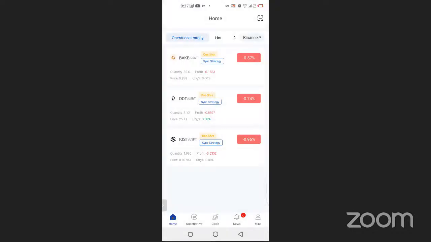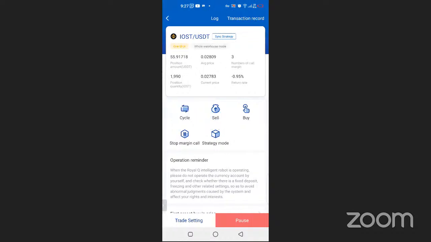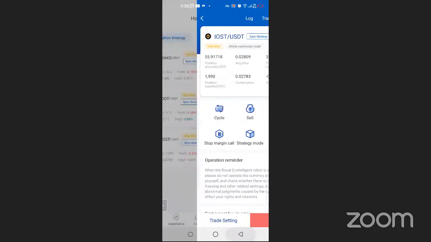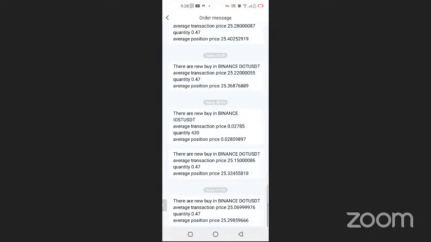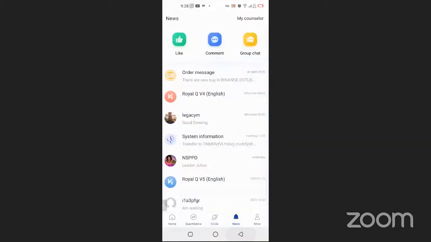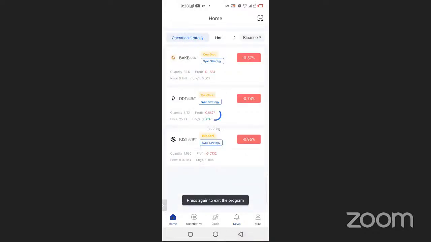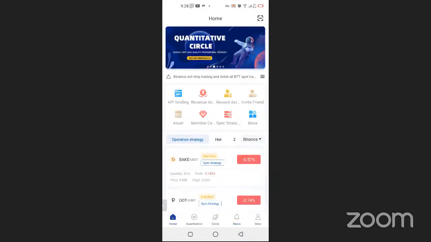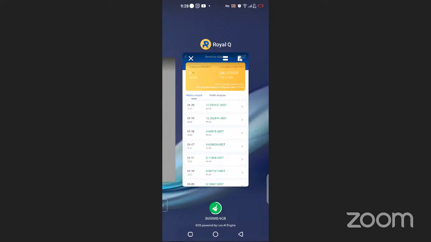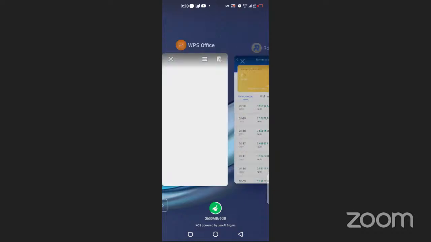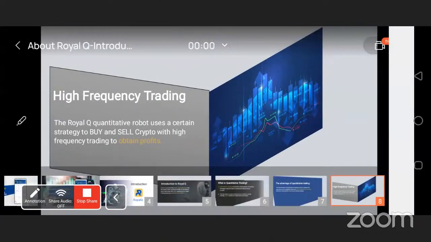And when you press the few buttons, you will continuously see your bot buy. When will it buy? When it says that this particular coin is having a downward movement. And if it does that continuously 24 hours, when you wake up in the morning and check your revenue, you'll always find profit. Because it uses what we call high frequency trading.